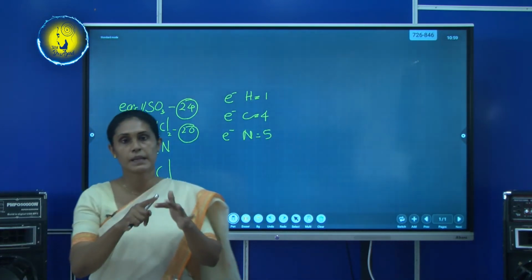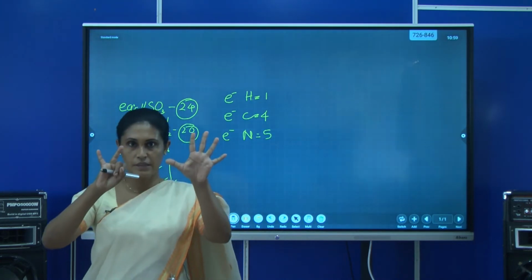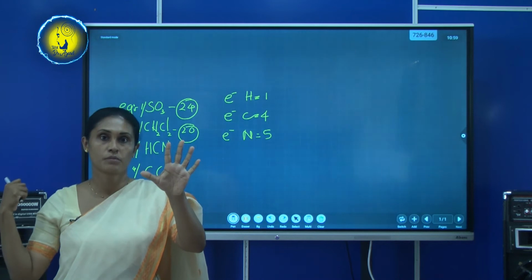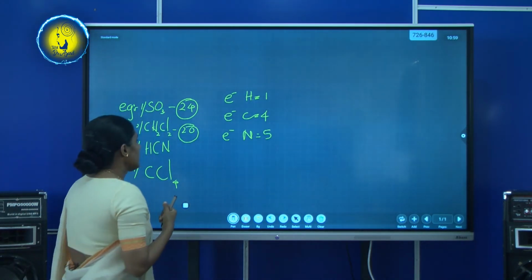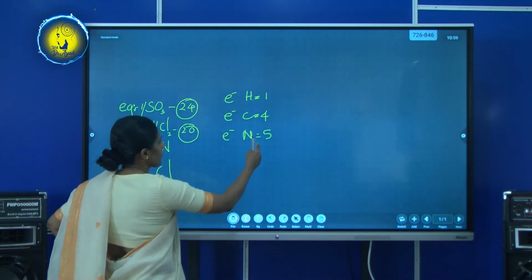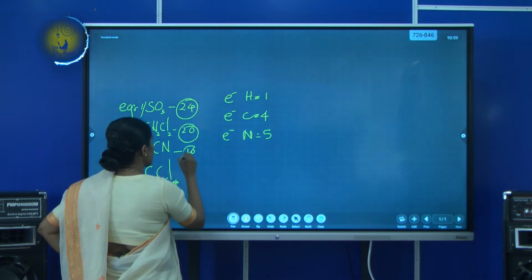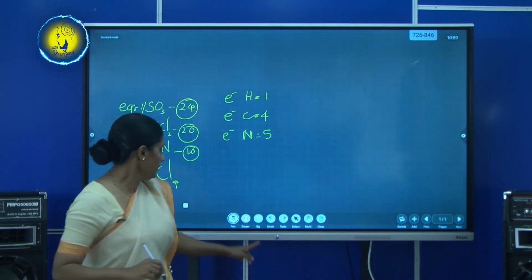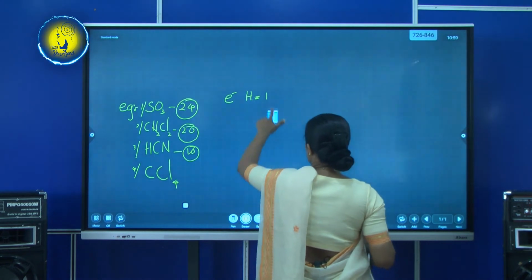Hydrogen, helium, lithium, beryllium, boron, carbon, nitrogen. So 7, take 2 off, you have 5. Right, let's draw. So now what could be the total: 5, 4, 1, 10. It should be 10. Let's draw the Lewis dot dash diagram for this.